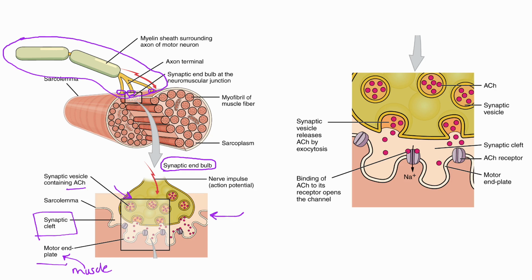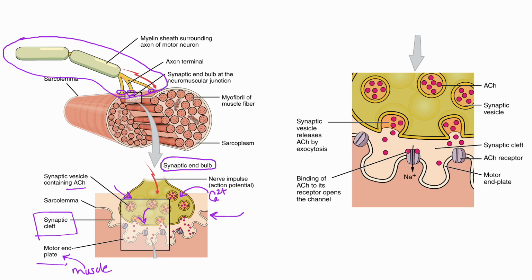What triggers those vesicles to fuse with the plasma membrane and release the acetylcholine is that as the action potential travels all the way to the end and reaches the synaptic end bulb, that triggers calcium channels to open.